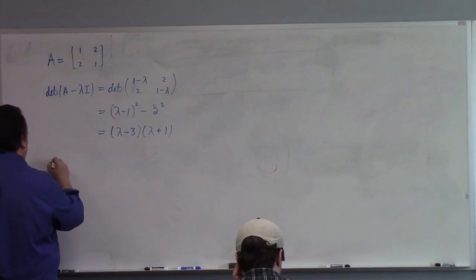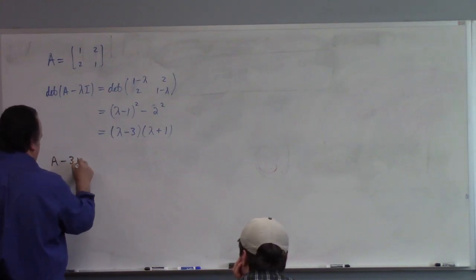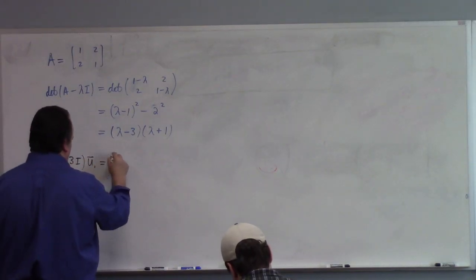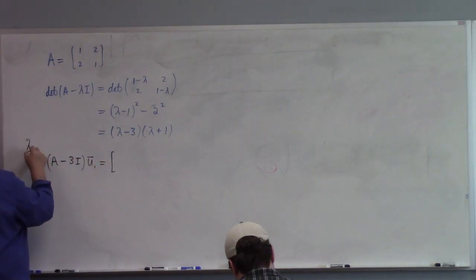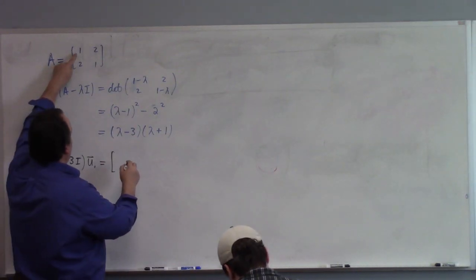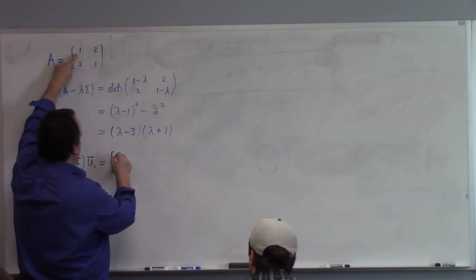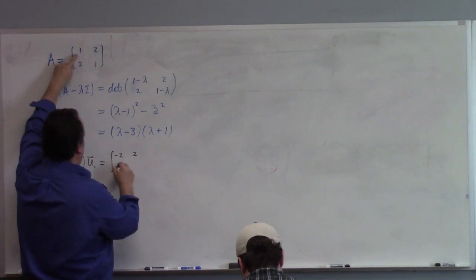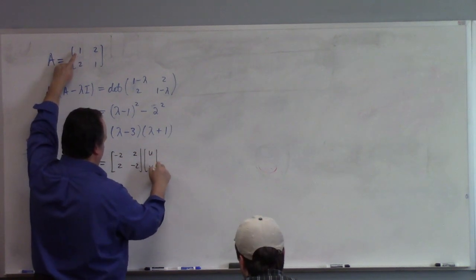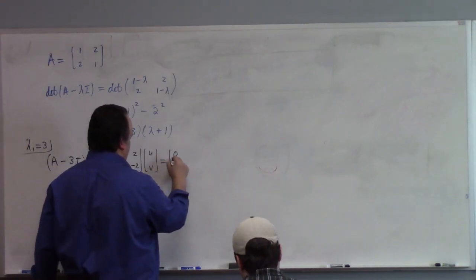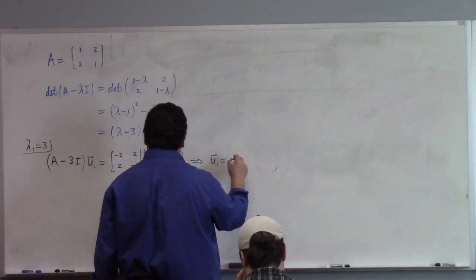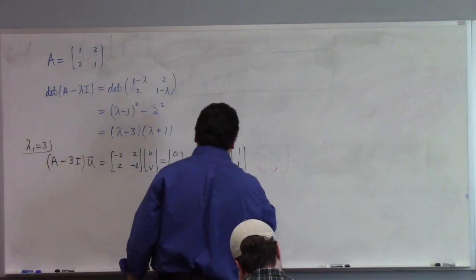when I look at A minus 3I times u1, what's that going to give me? Minus 2, 2, 2, minus 2, times u, v, right? Look at that. So u1 is equal to, looks like, 1, 1, right?